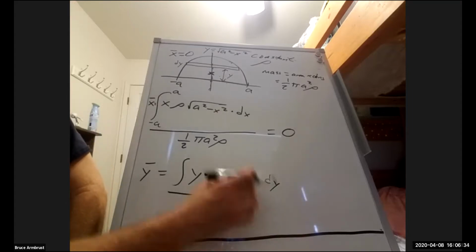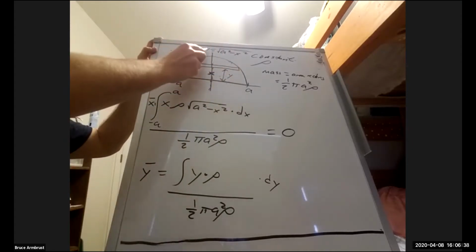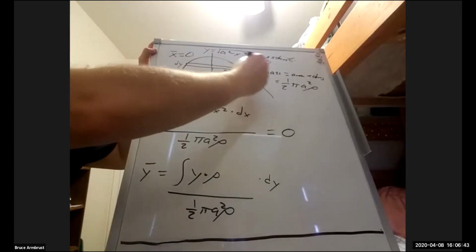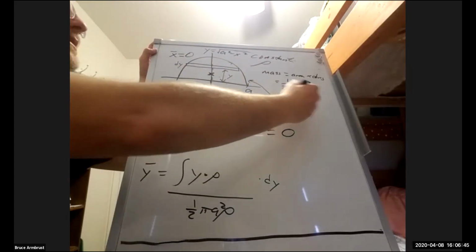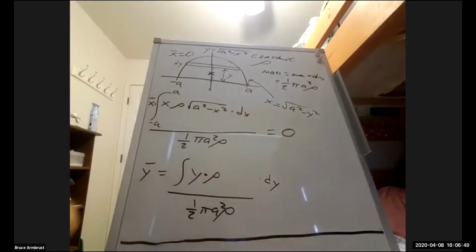So now, if we want to get the height of that, we want to do kind of the same thing, except instead of using a function of y equals, we want to use x equals. Because this side right here is x equals the square root of a squared minus y squared. Hopefully you remember in calculus, whenever you're just turning yourself sideways, you basically just replace x's with y's, right? So we're doing the same kind of thing.